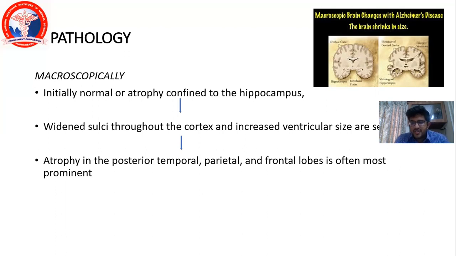The first ventricle to dilate is the inferior horn of the lateral ventricle because of the atrophy in the hippocampus and the entorhinal cortex. Gradually, this atrophy distributes to the entire brain, leading to a generalized atrophy in the temporal, parietal, and frontal lobes.